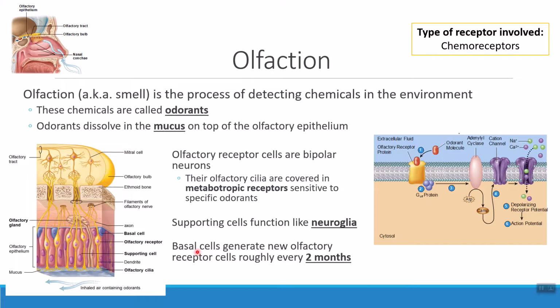So basal cells make new bipolar neurons. My supporting cells help those bipolar neurons to function, and the bipolar neurons are what actually detect the odorants.